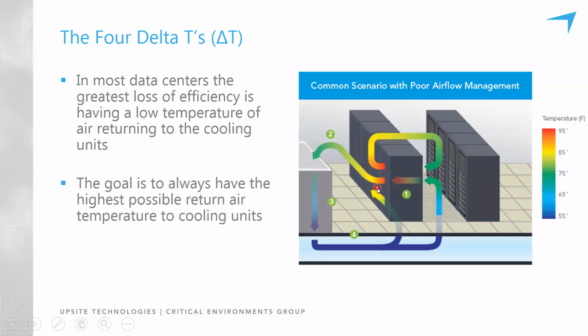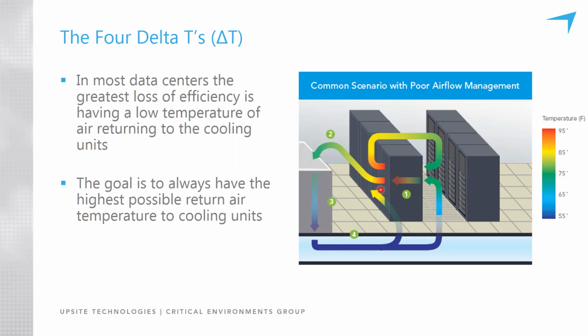That extra cold air can come out of unsealed cable openings or misplaced supply tiles, or extra air coming out of the supply tiles in a cold aisle. There's more air flowing through the room, more air flowing through the cooling units than flowing through the IT equipment, and that excess air has to go somewhere, and eventually it mixes before returning to the cooling units, reducing that return air temperature.